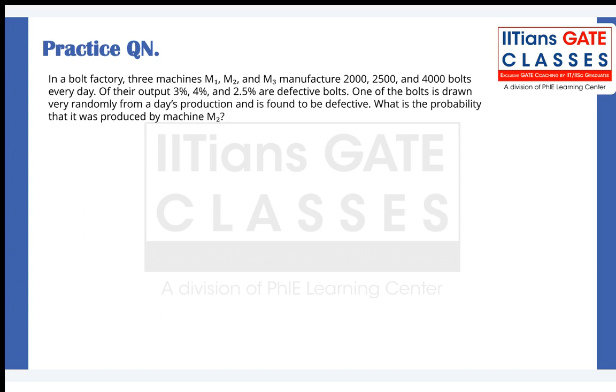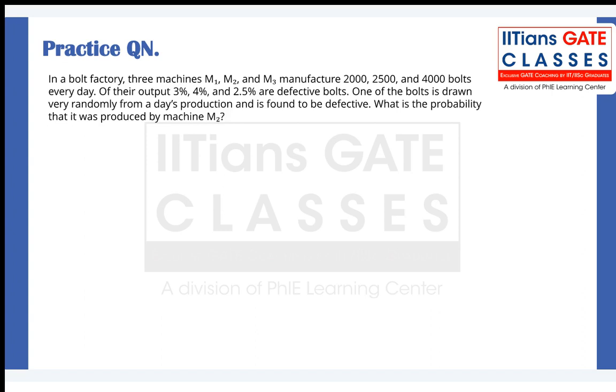Okay. Need some more time, or should I solve? In a bolt factory, there are three machines, M1, M2, and M3.